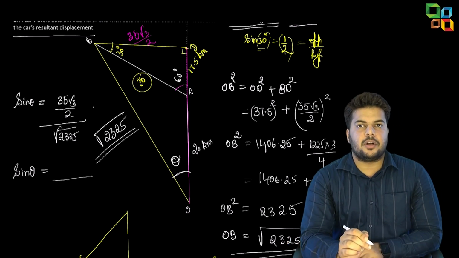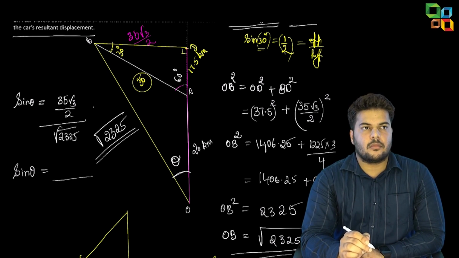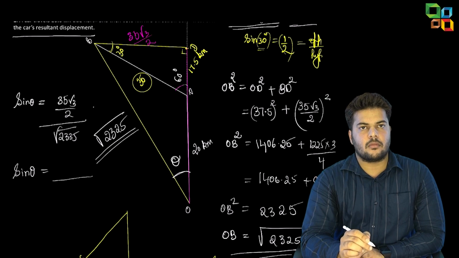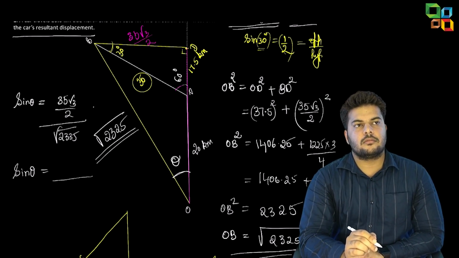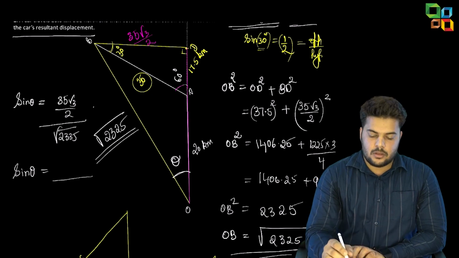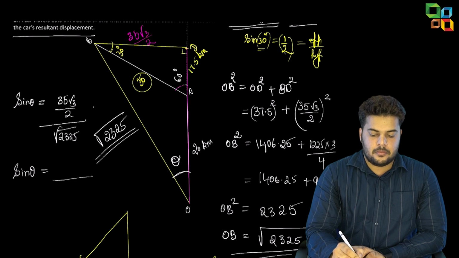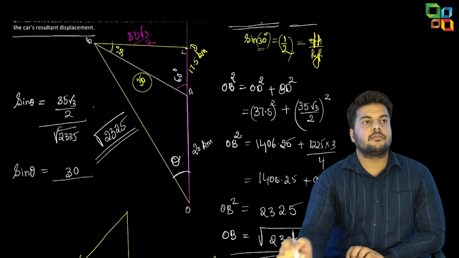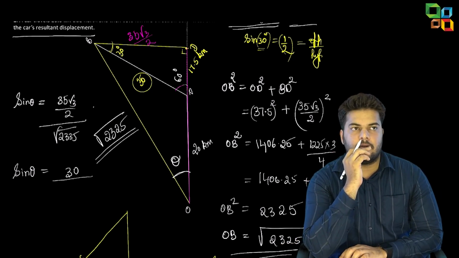Use the calculator. 35 root 3 by 2 comes out to be approximately 30.31. Okay, we'll take it as 30.